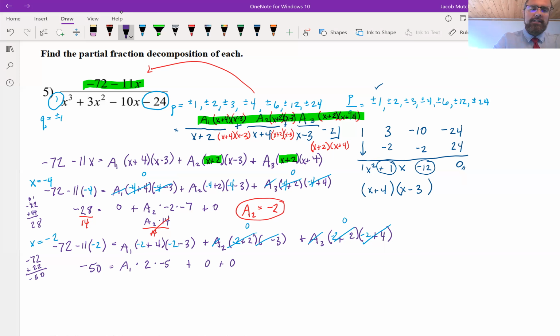So again, all I need to do is multiply. This is going to be a sub 1 times negative 10. And all I've got to do to solve is divide by negative 10. And we see that a sub 1 is negative 50 divided by negative 10, or 5. So that solves for two of those.